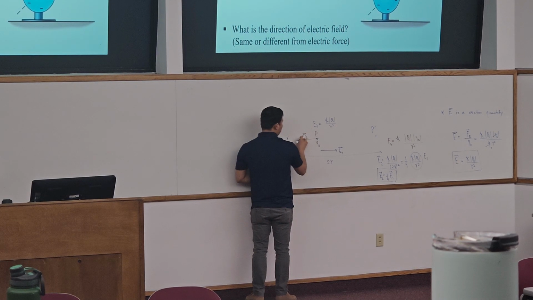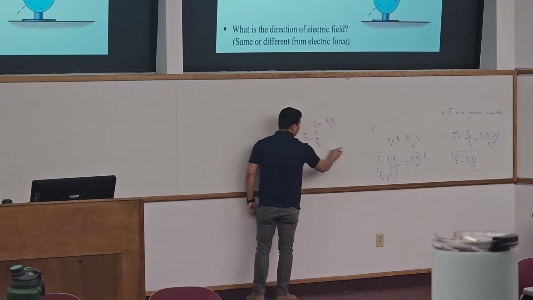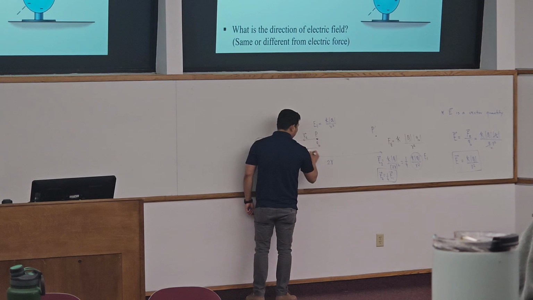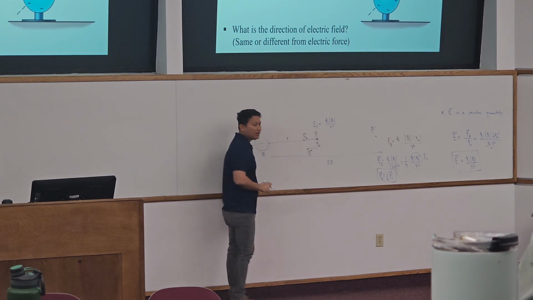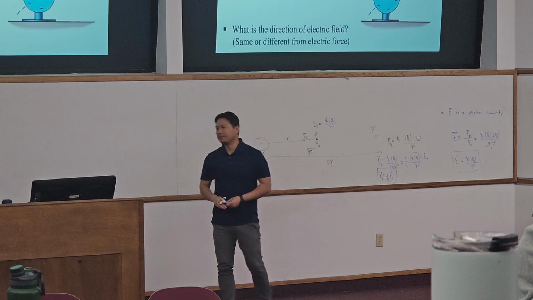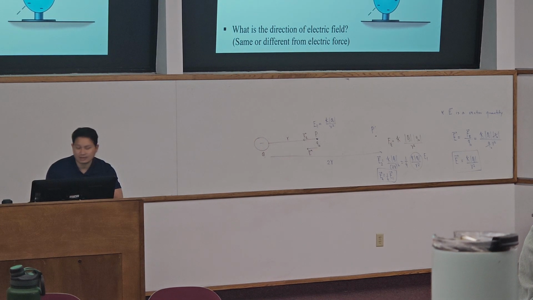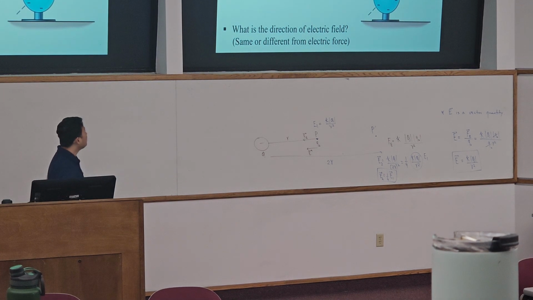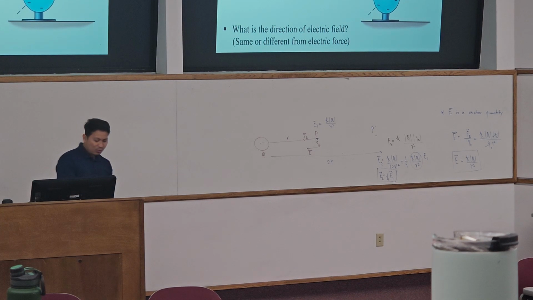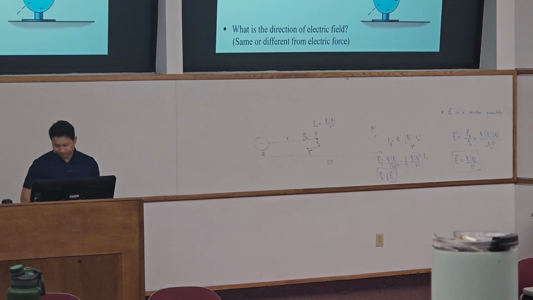So electrostatic force and electric field have the same direction. Okay? So it depends on what kind of charge you have. For example, in this figure, you have a negative charge over here, and then a positive test charge. So the electric field is gonna be along this direction. Okay. So it depends on what kind of charge it is.